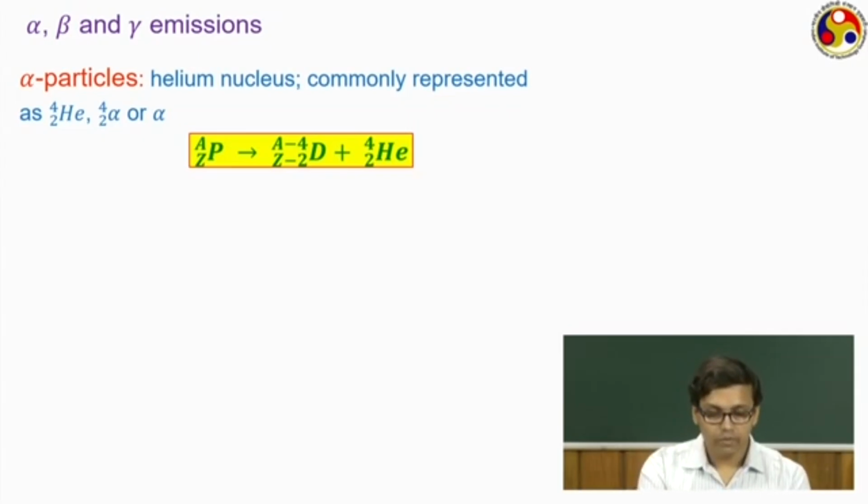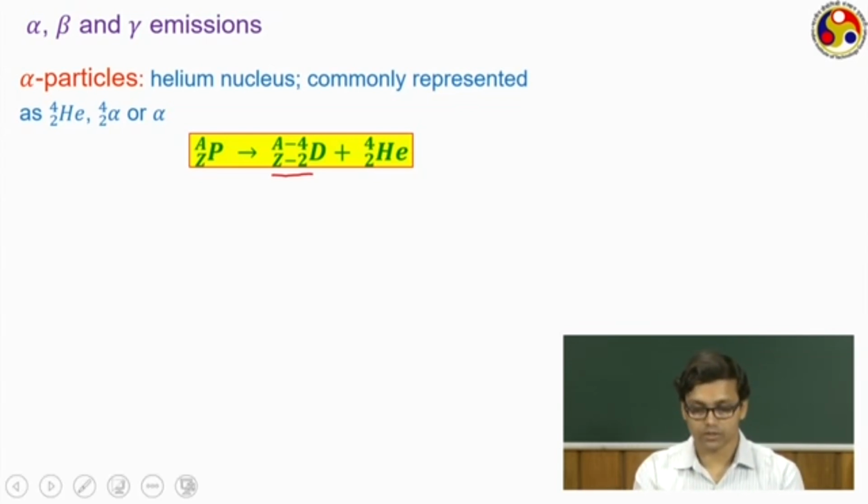Accordingly, if the parent nucleus has an atomic number of Z and a mass number of A, the daughter nucleus will have an atomic number of Z minus 2 and a mass number of A minus 4, because 4 nucleons, 2 protons and 2 neutrons, have gone out of this, plus of course the helium particle or the alpha particle that will come out of this.